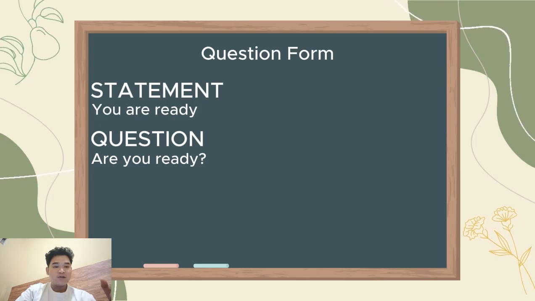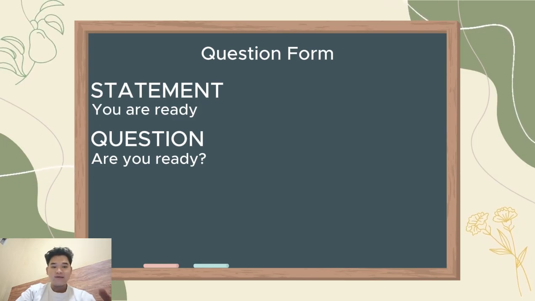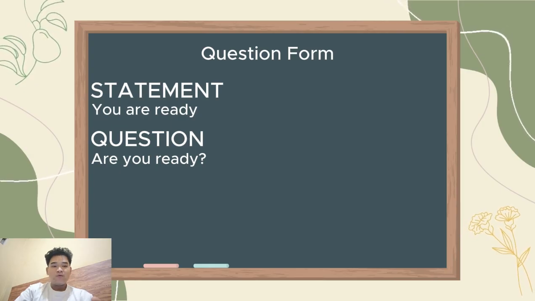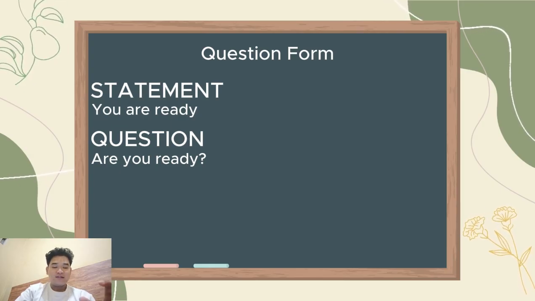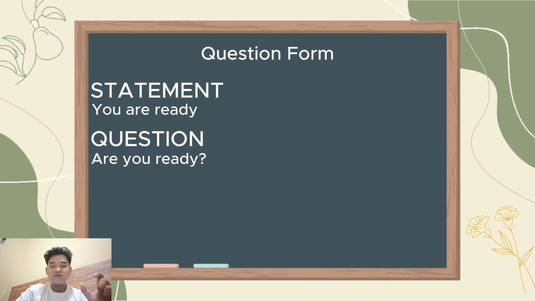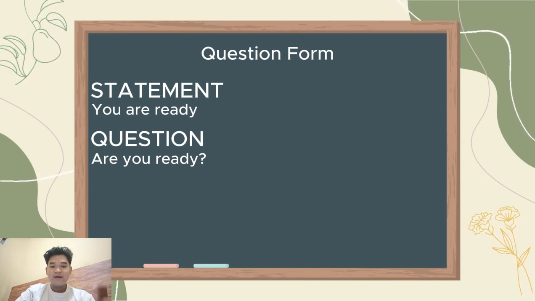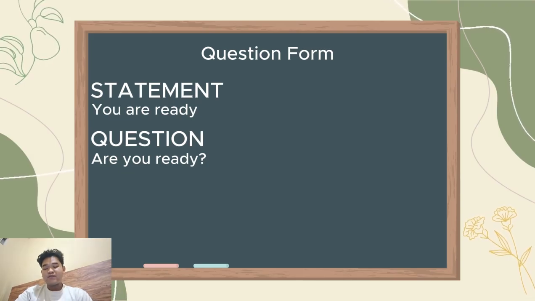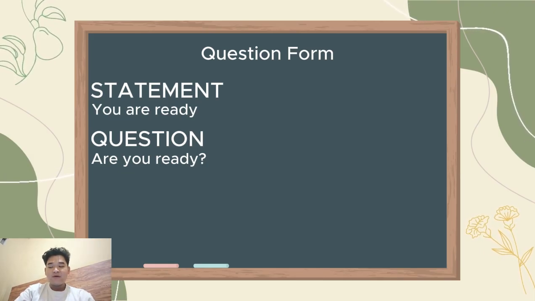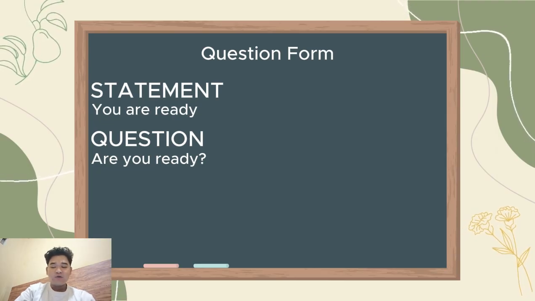So you here is the subject and are is the auxiliary verb. So when we want to make a question form inverted sentence, we have to move are to the beginning of the sentence. So in a question form inverted sentence, it will say, "Are you ready?"